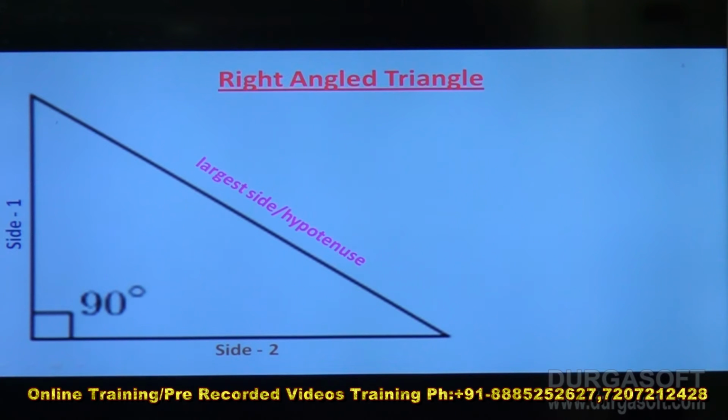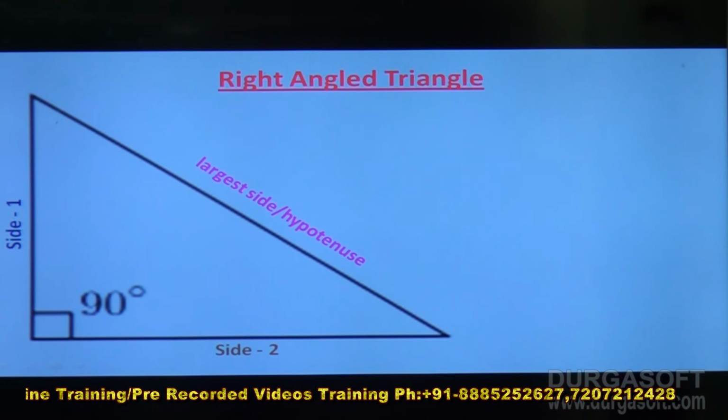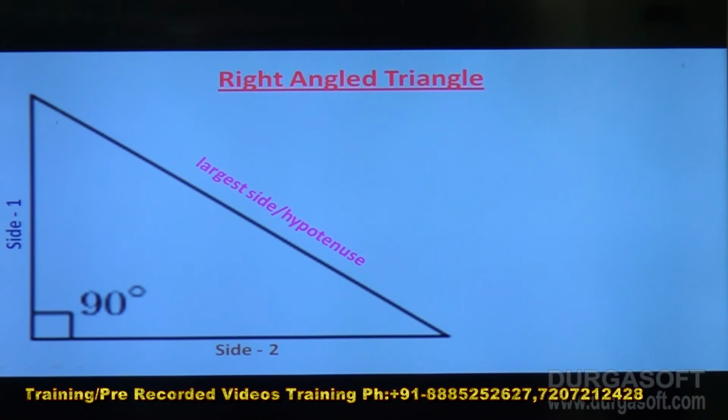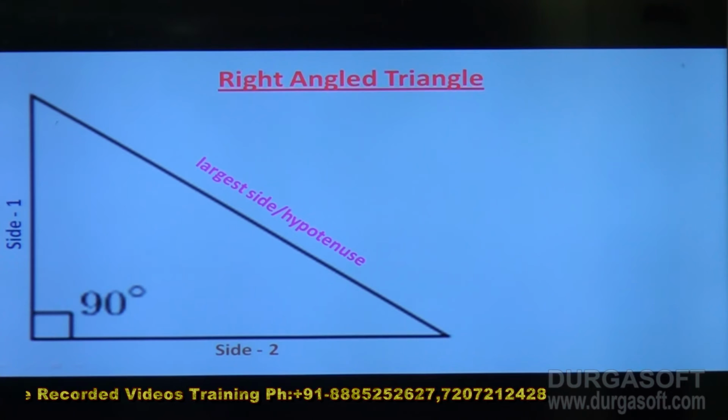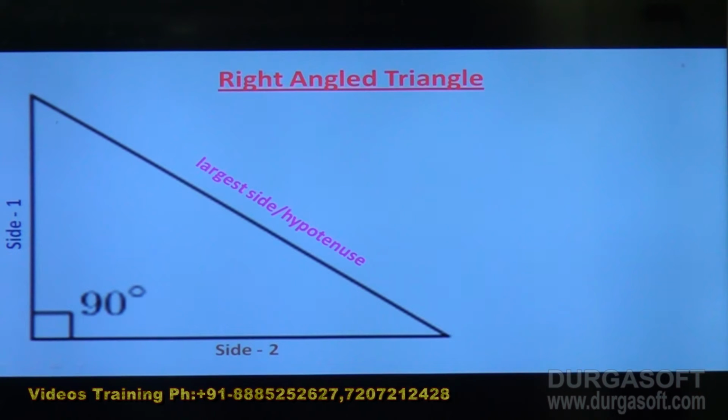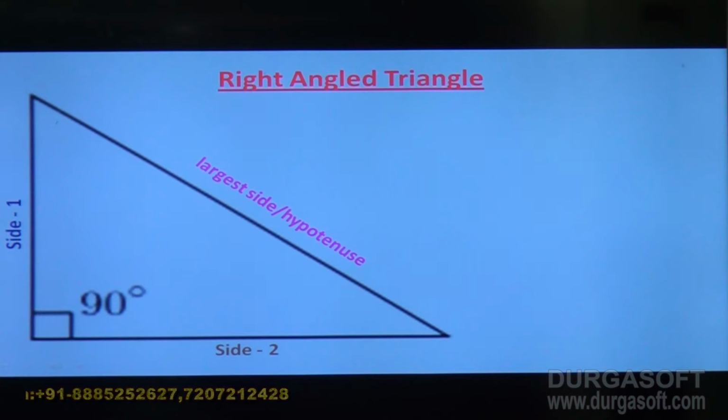If you are going into directions, we just consider them as side 1, side 2 and side 3, right? So the important points in this right angle triangle are: it has one angle as 90 degrees and it has 3 sides which are different. Side 1, side 2, side 3, or you can consider the side which is opposite to angle 90 degrees as hypotenuse.